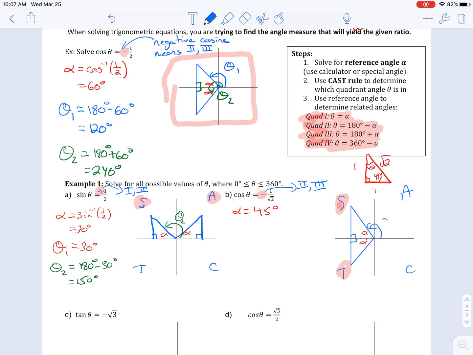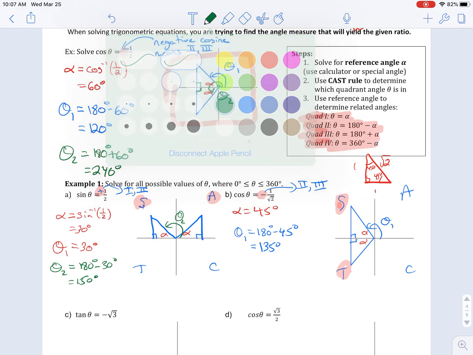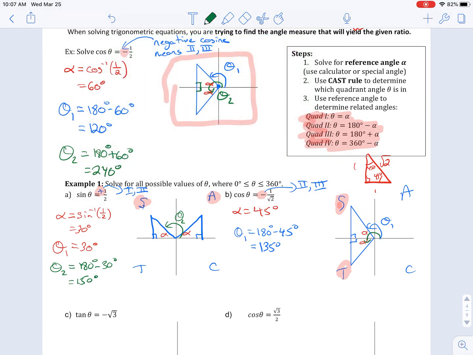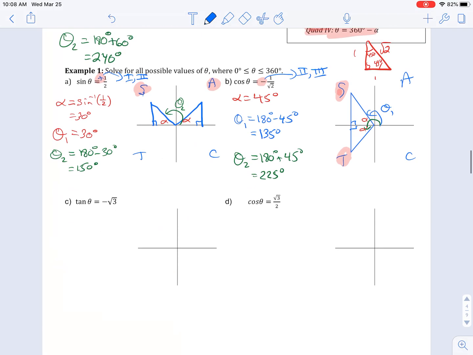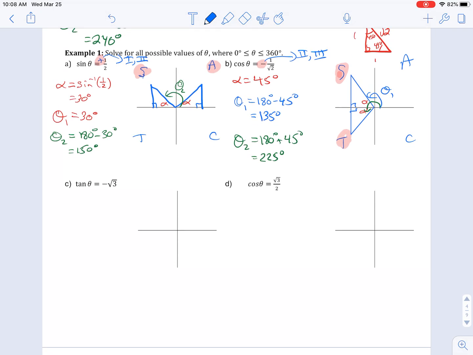So what we need is theta 1 and theta 2. So theta 1 is just going to be my 180 minus the alpha, which is 135. And theta 2 will be 180 plus alpha. Like that. All right, why don't you try the next two, because I think you probably can figure this out.